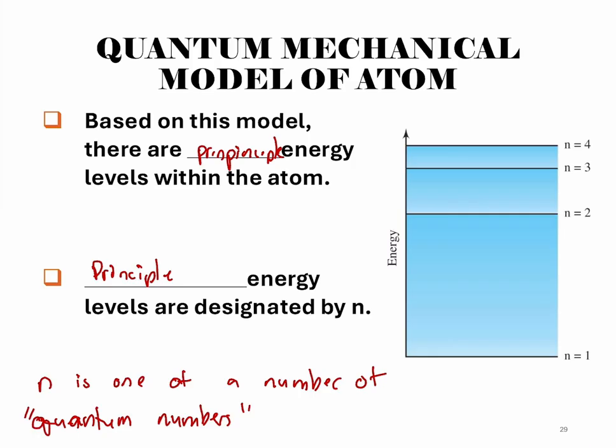And what these energy levels relate to on the periodic table, we'll find, is that these relate to the periods on the periodic table. And these are the principal quantum numbers, right? And so N you can also think of as the electronic quantum number.